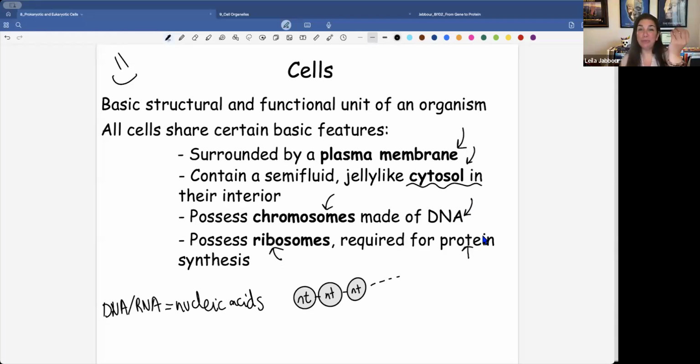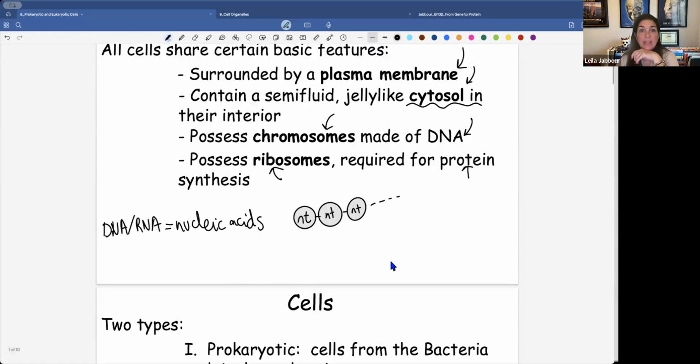These ribosomes are really important for actually making proteins. And proteins are made based on the genetic code in a DNA molecule. All of that is going to be the subject of yet another chapter that we'll go over later. So here we're just introducing cells, and this is very important.